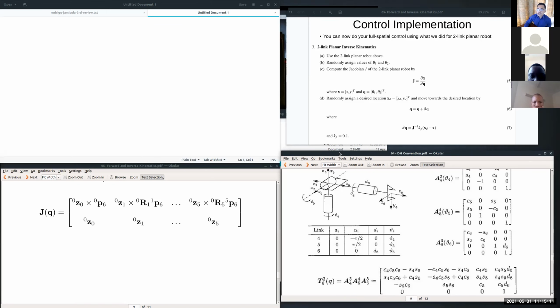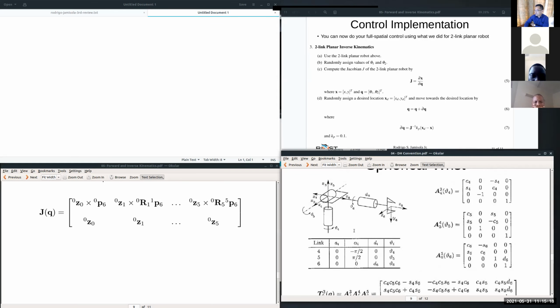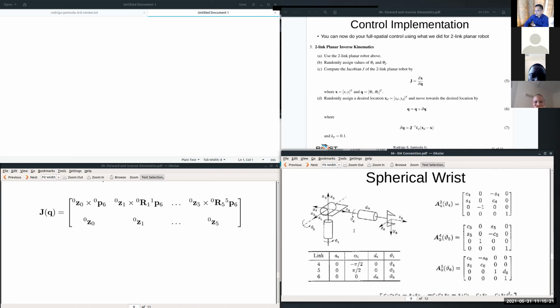Okay, so first, just for the sake of discussion, we're going to make use of this spherical robot, spherical wrist. Never mind, we'll just use the index 4, 5, and 6. It doesn't matter. What matters here is that we are going to implement this algorithm: derive the Jacobian matrix and then use this Jacobian in order to come up with the step control.